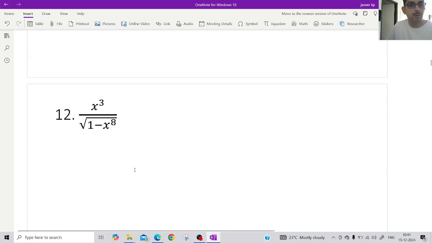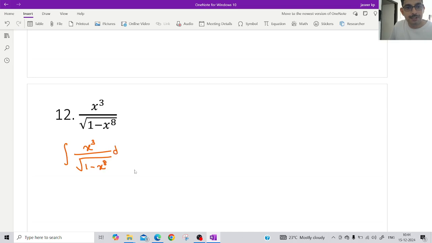Integral of x cube by square root of 1 minus x to the power 8 dx. So this can be written as x cube, then square root of 1 minus (x power 4) whole square, dx.